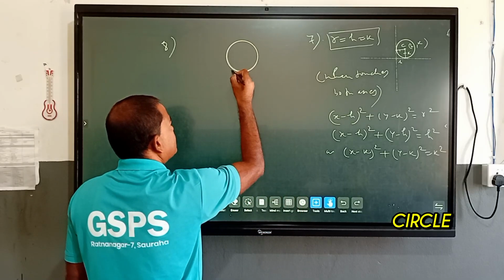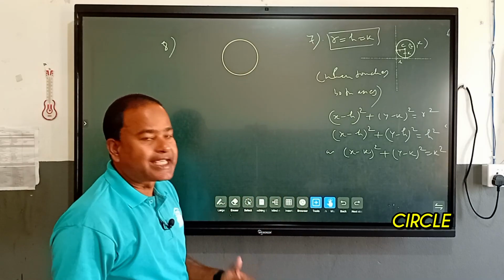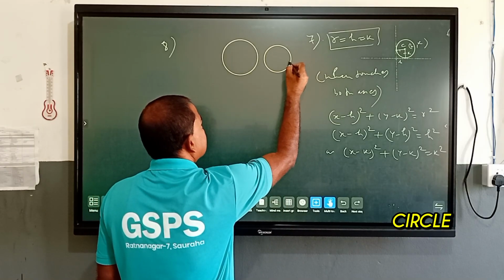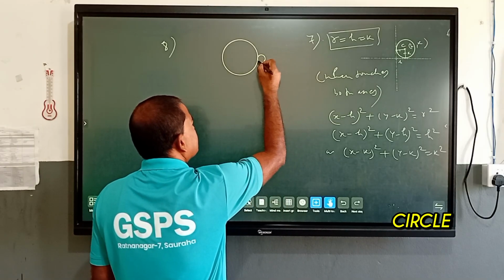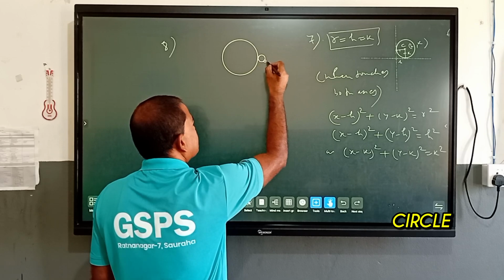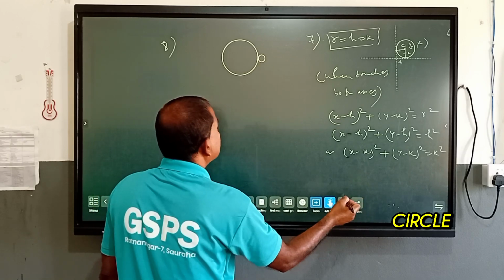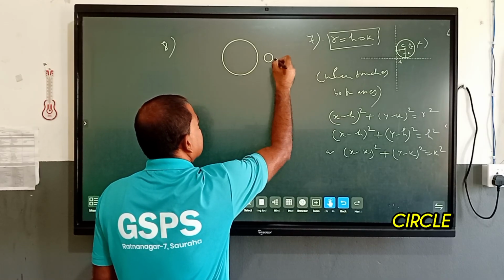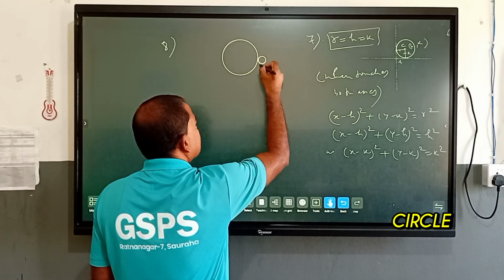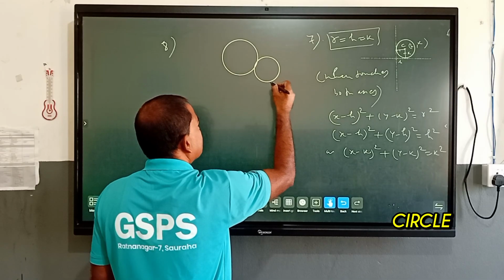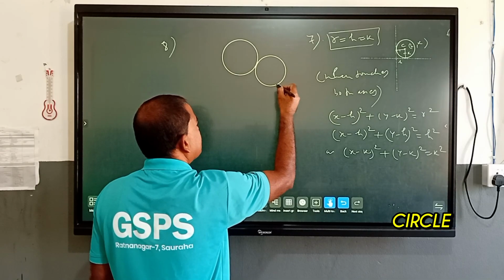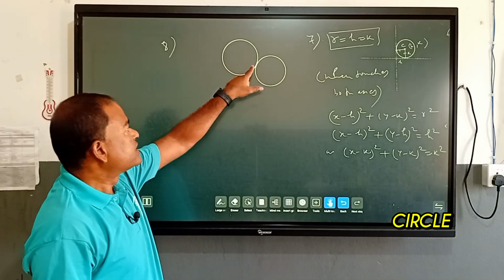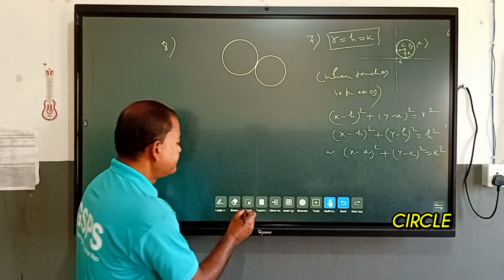Dear students, let's draw two circles which touch externally. We have drawn two circles which touch externally.